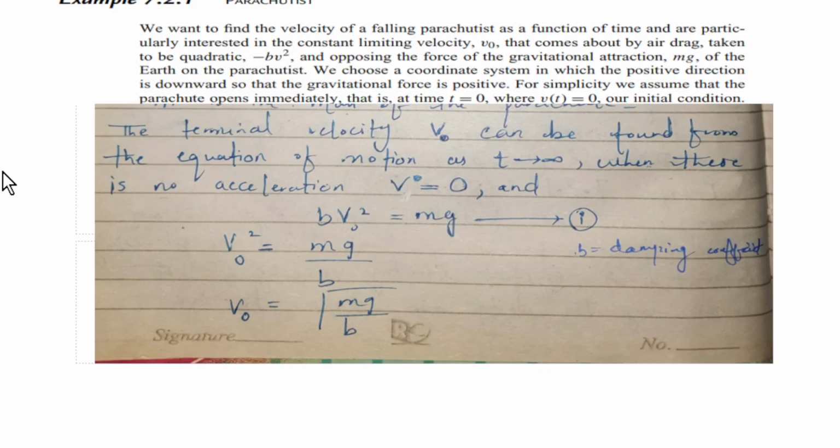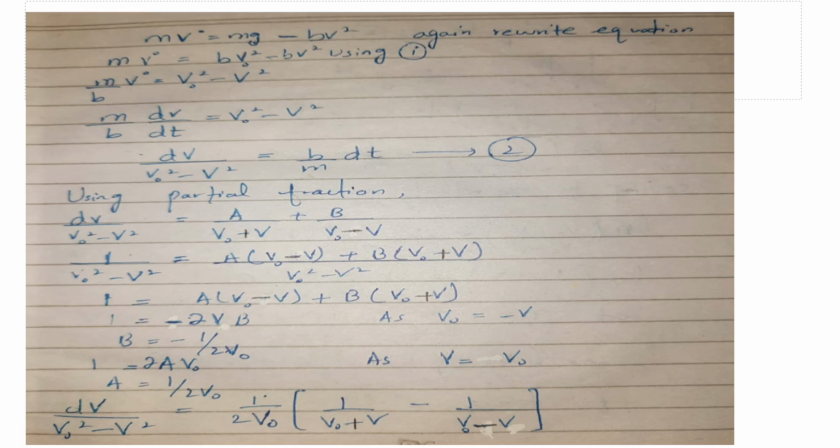Then take the common b and divide it with the remaining terms. This is the value, and this is the notation of the first order derivative, so we put the derivative in the form of differential notation.